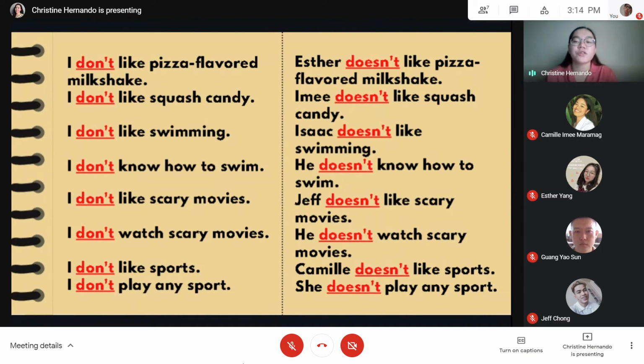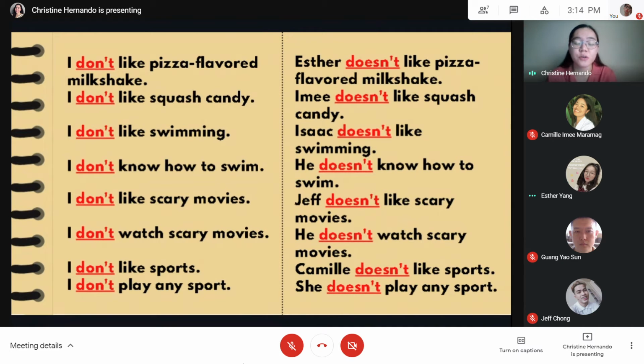Now, I want you to pay attention to the particular uses of the don't and the doesn't. What did you notice about that? Esther, what did you notice about the use of don't and doesn't in these sentences? Ma'am, I think the word doesn't is used when the subject is singular, just like the sentences in the right column.